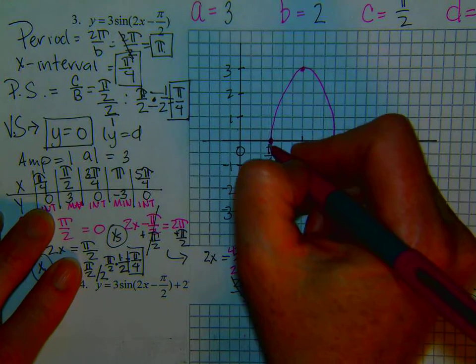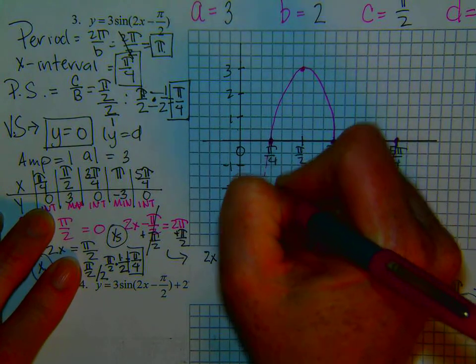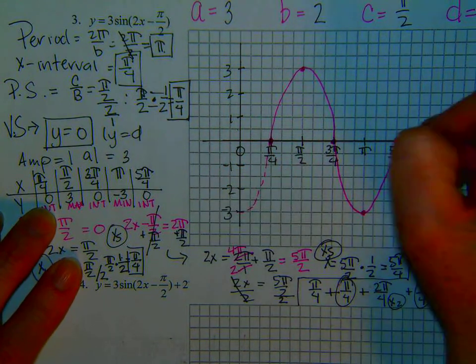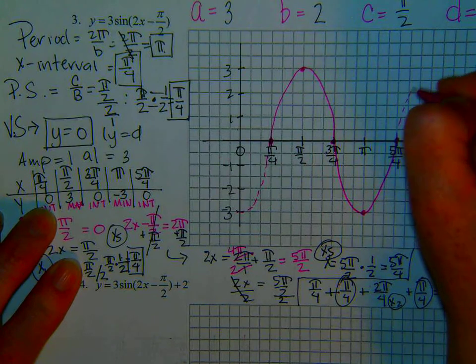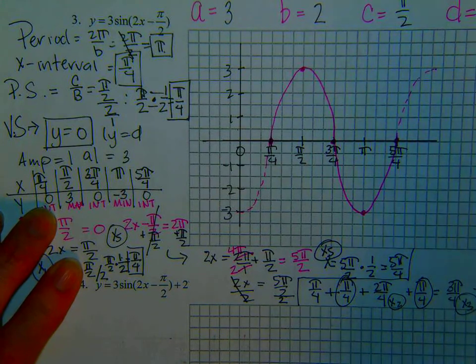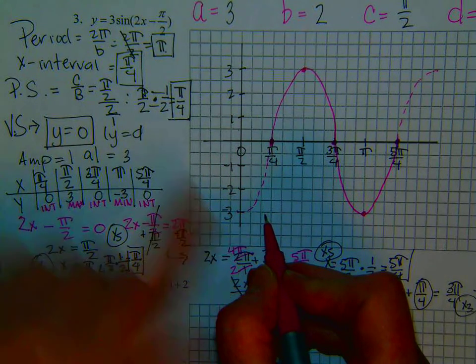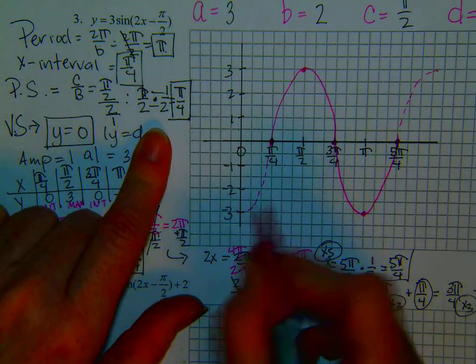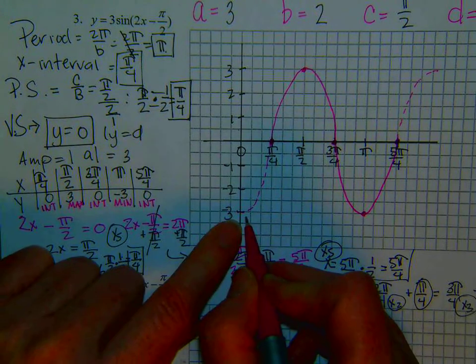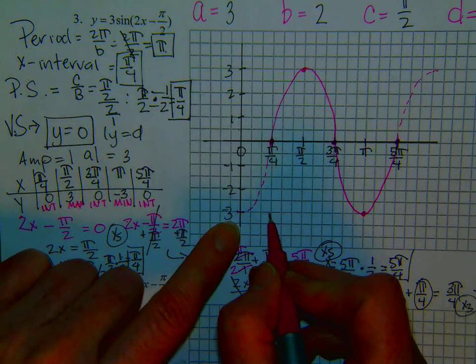And remember that this graph is going to go on indefinitely, right? So I could keep graphing. And notice what's happened here. My shift was a positive pi over 4 shift. So I have shifted to the right pi over 4.